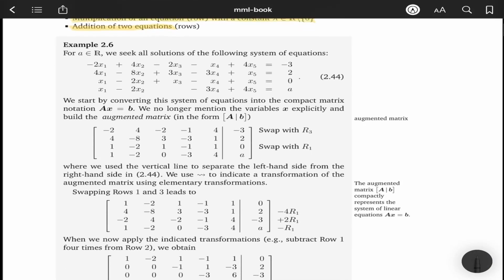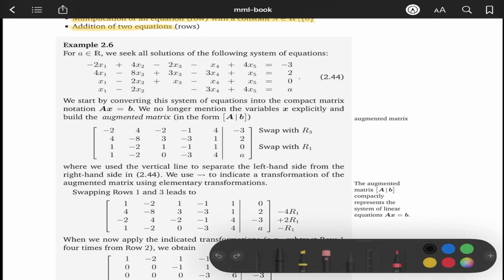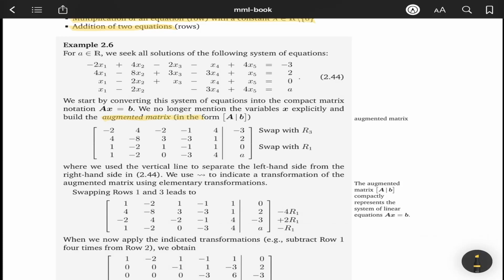Okay, so the first step is to convert this into the augmented matrix. This is what we have here as the augmented matrix, and in my view, it's just a lazy way to write it, which is good.